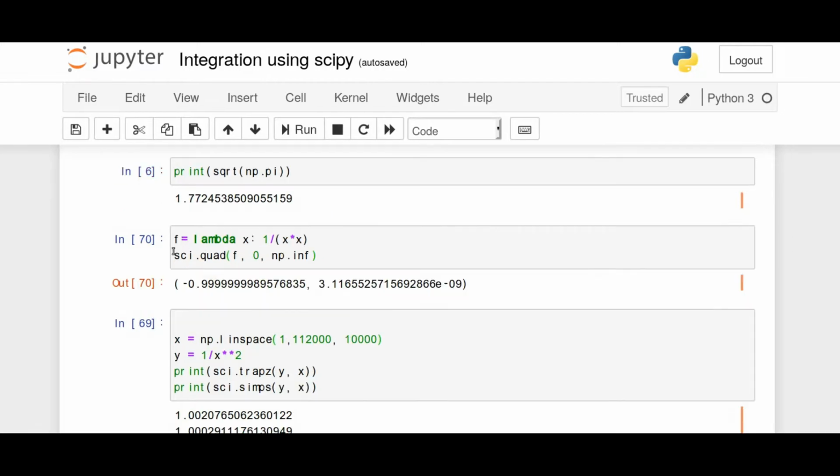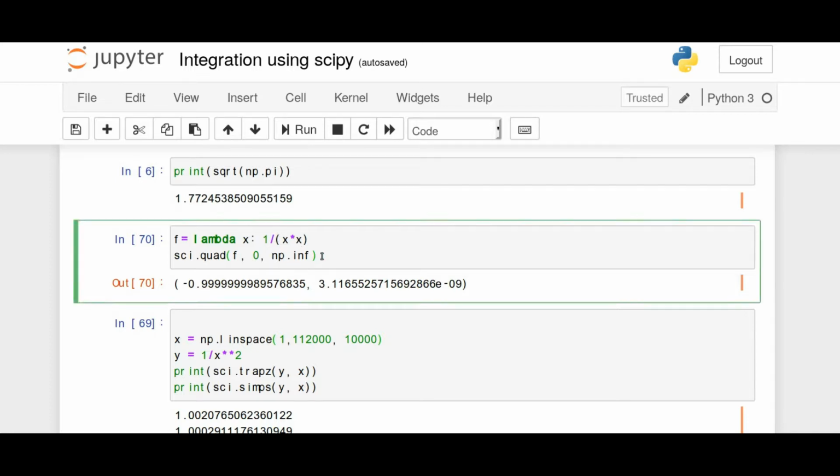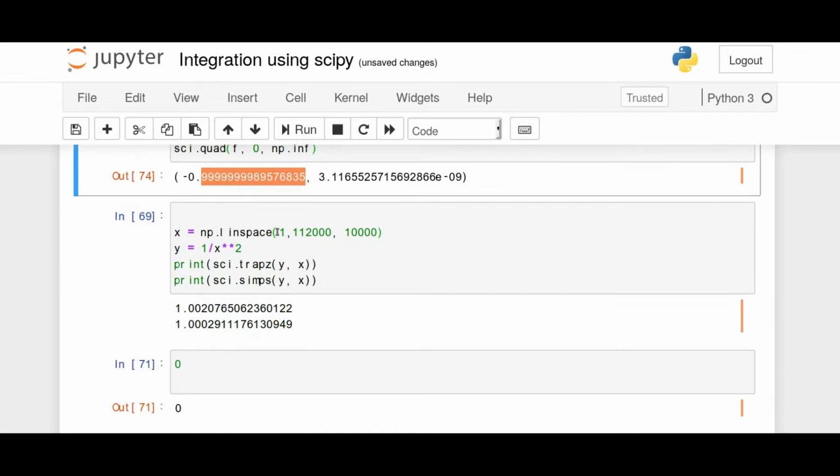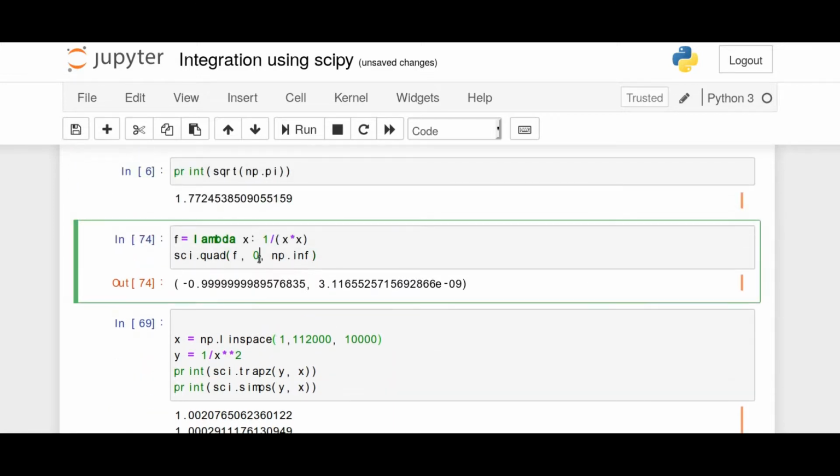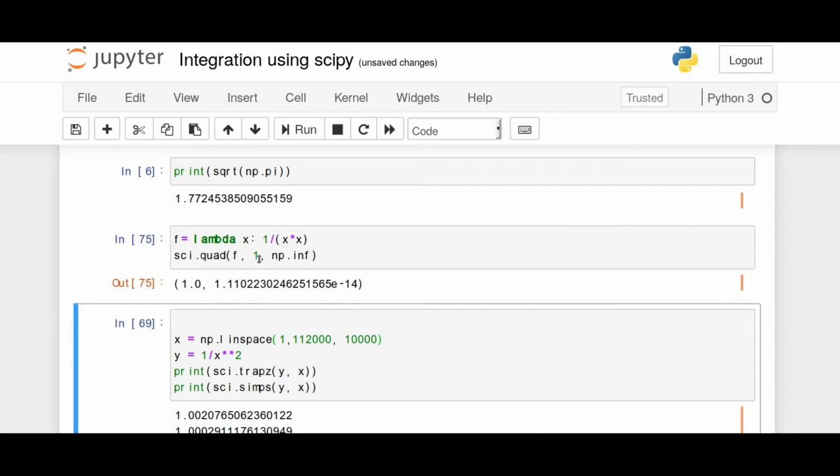If we integrate the lambda function, lambda x, 1 over x square from 0 to infinity, that is basically this value. There is a minus sign here basically, which gives the result. Our aim is to integrate from 1 to infinity, and this is basically 1.